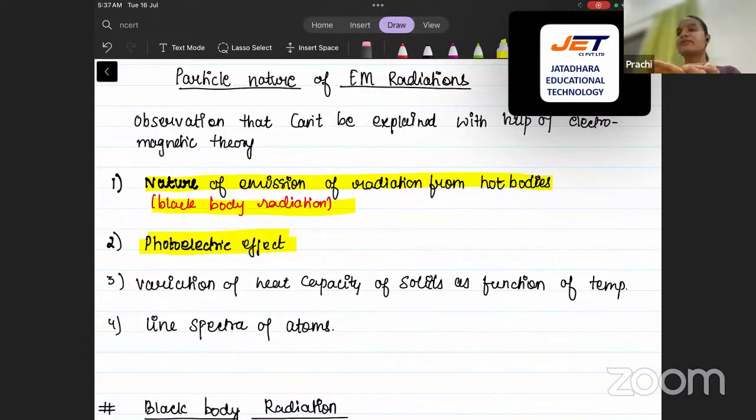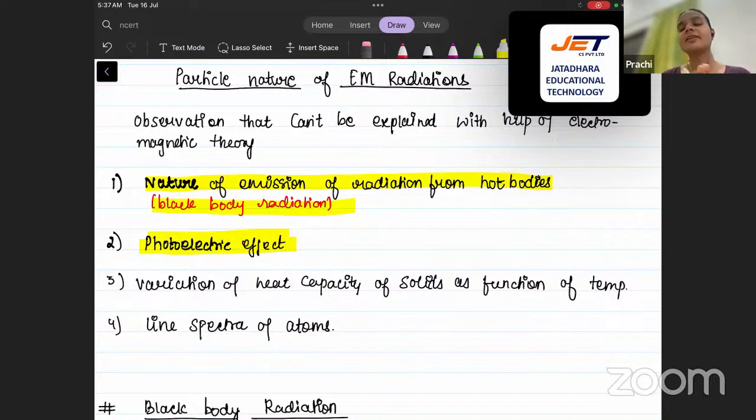Also, the scientists were not able to explain the photoelectric effect, that is the ejection of electrons from a metal surface. Whenever light strikes a metal surface, there will be an ejection of electrons, and scientists were not able to explain that with the help of the electromagnetic theory, right?